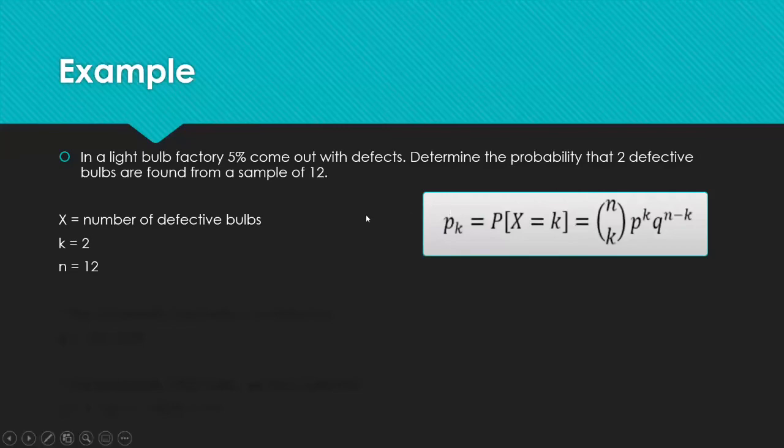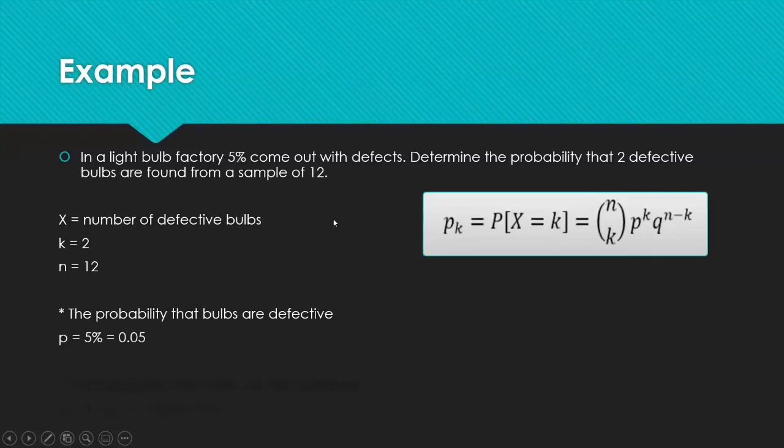Then something important is the value of p, which is the probability that success occurs. And success refers to what we have defined in X, so it is the number of defective bulbs. This means the probability that bulbs are defective, and we can see in the problem that it is 5%.